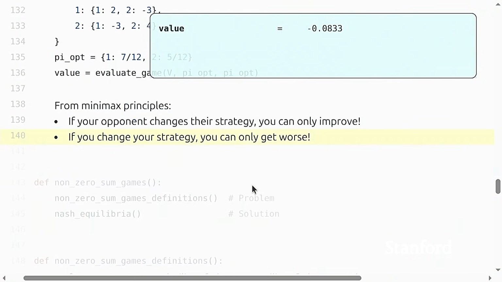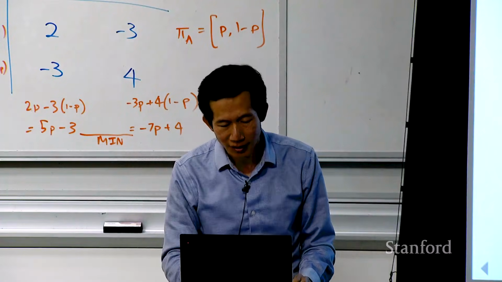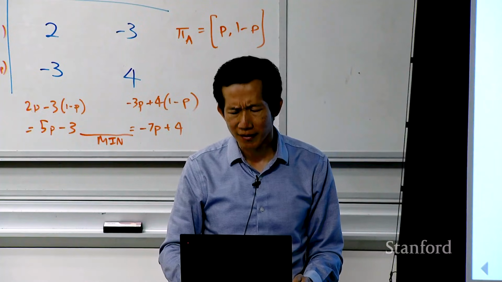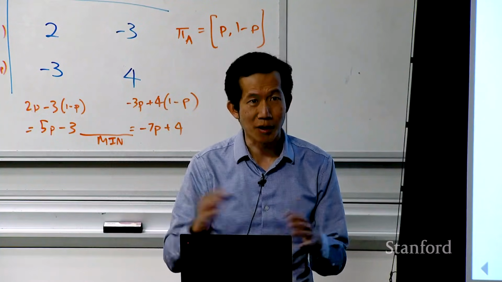And furthermore, if you deviate from your own strategy, you can only make it worse. Okay, so minimax is this really nice setting where you want to be playing minimax so that there's nothing your opponent can do, and you can't do any better.